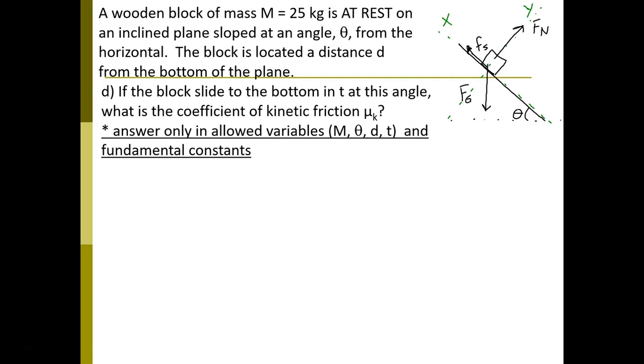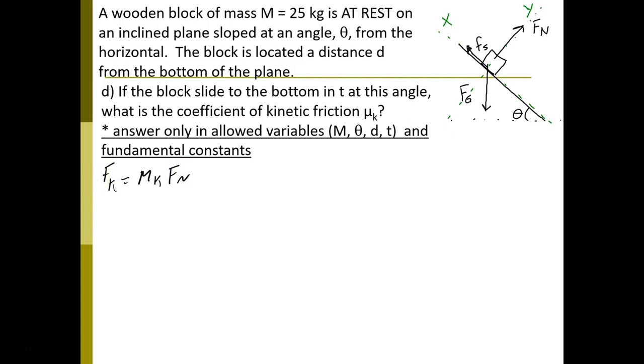And we want to know what the coefficient of kinetic friction is. In order to know that, we know that the kinetic friction is equal to the coefficient of kinetic friction times our normal force. We already know what the normal force is, but we need to figure out what this kinetic friction force is going to be equal to.